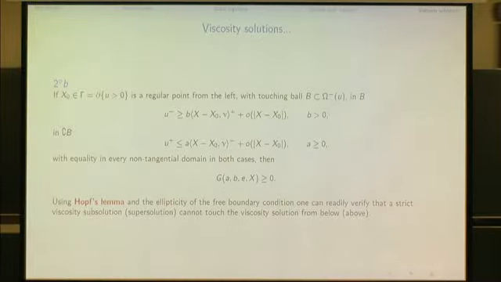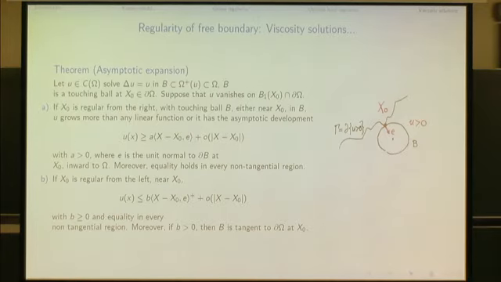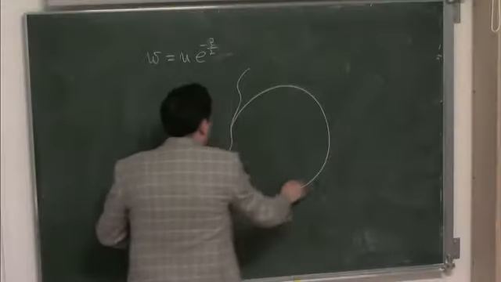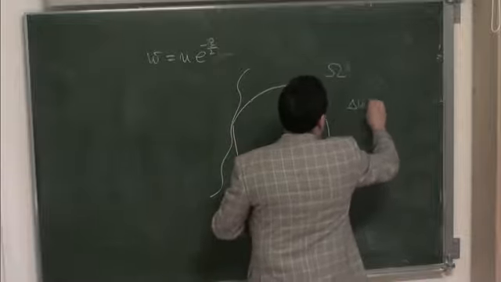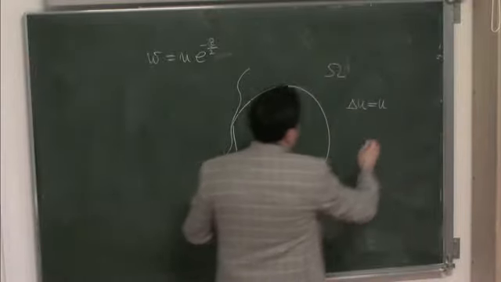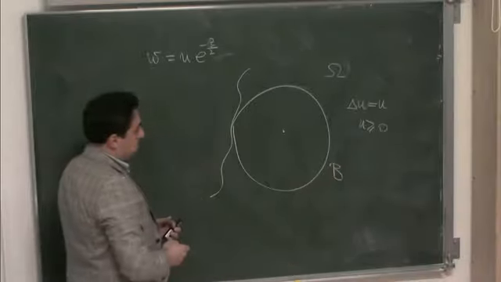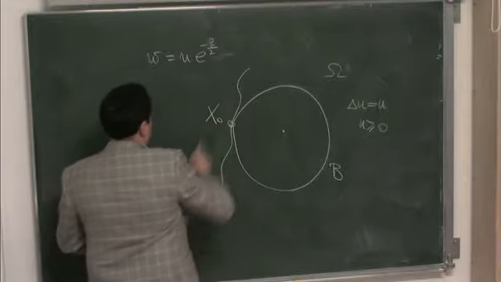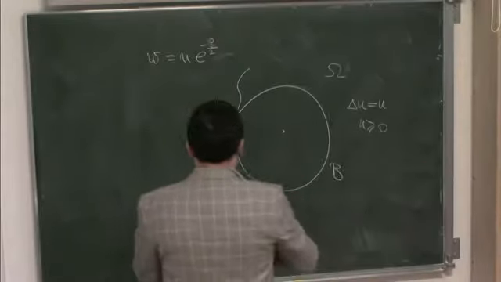Now the meaning of this: why must these asymptotic expansions be true, right? Why am I assuming this? Well, it's because you can in fact prove that if you have a domain, say this is domain omega, and you have a solution of the semi-linear equation, your U is non-negative, and you have a ball touching this, so this is the boundary of omega.